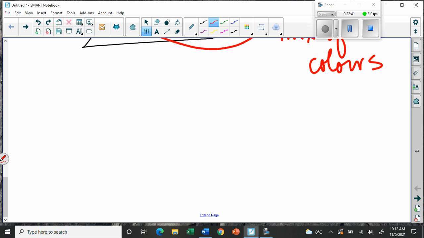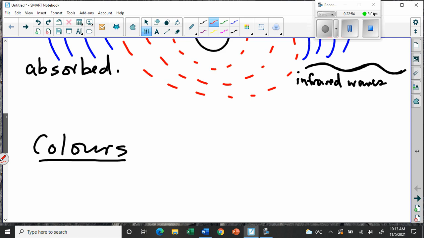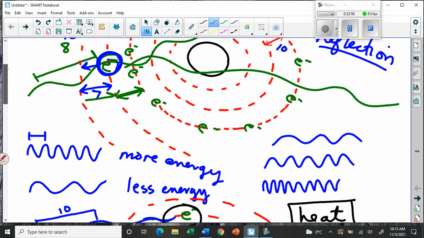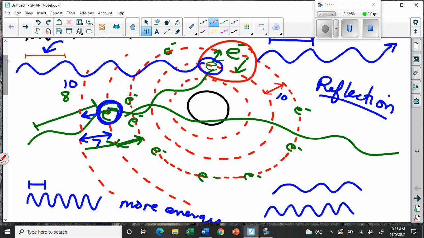And remember, the reason for that is because when white light strikes something, it's actually a mixture of all the colors, but only some of those colors have the right wavelengths when they hit the atoms. Only some of those colors can cause the electrons in that thing to jump and reflect the color back.